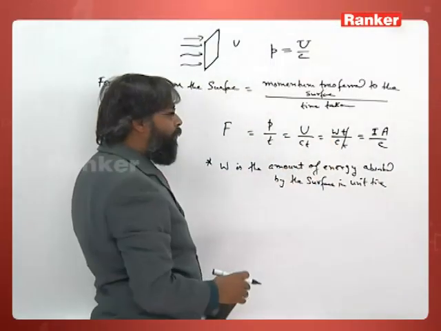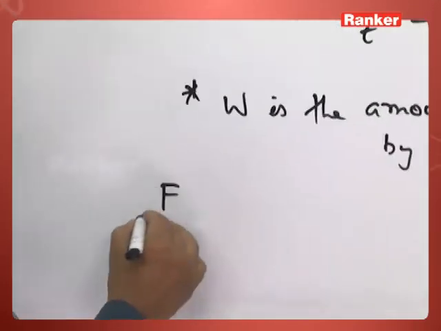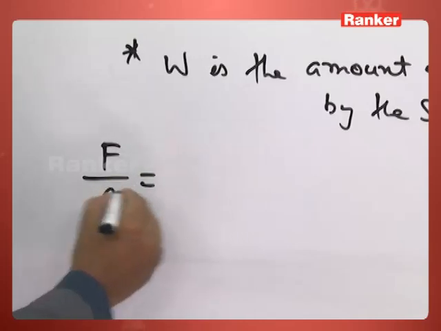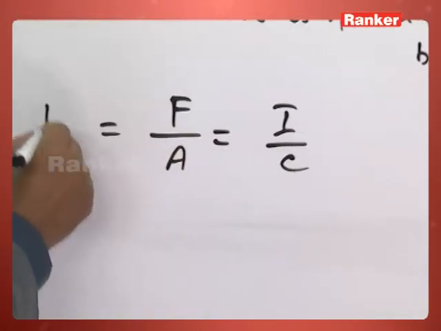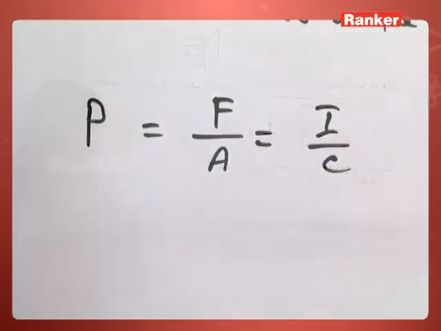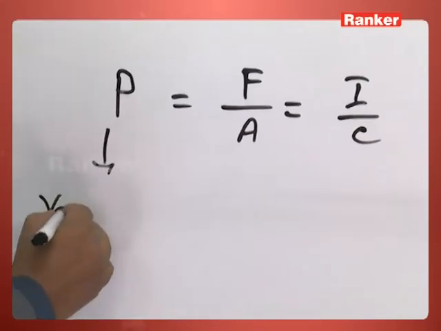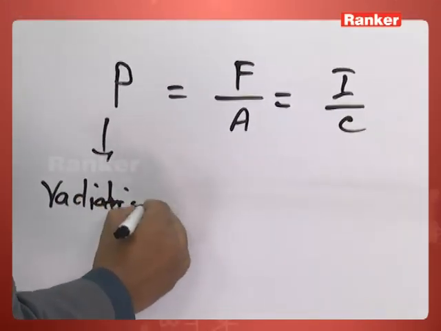So W will be equal to intensity into area. So we will write force by area will be equal to I by C. This will be denoted as the pressure exerted by the radiation on this surface. We will call this radiation pressure.